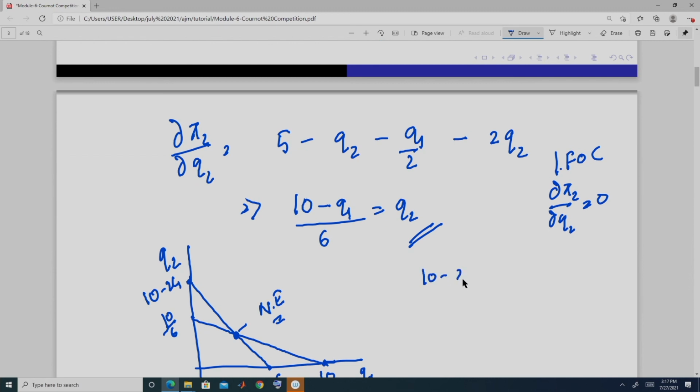So, it is 10 minus 2C1. If we do this, we get this.